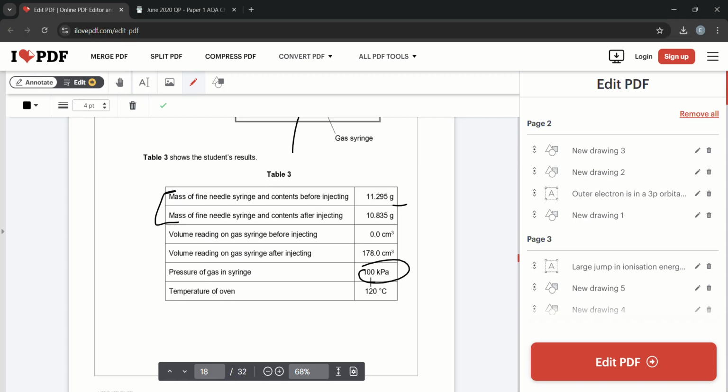We've got two values of the volume: the reading on the gas syringe before injecting, which is 0 centimeters cubed, and after injecting, 178 centimeters cubed. Obviously, we don't care about the 0 value. We care about this 178 centimeters cubed.